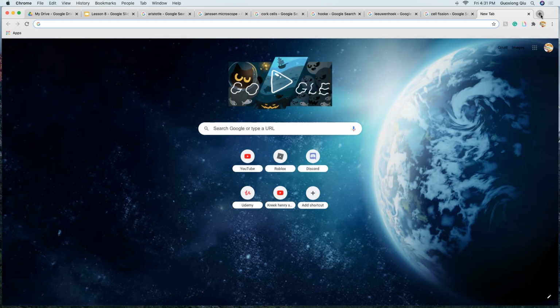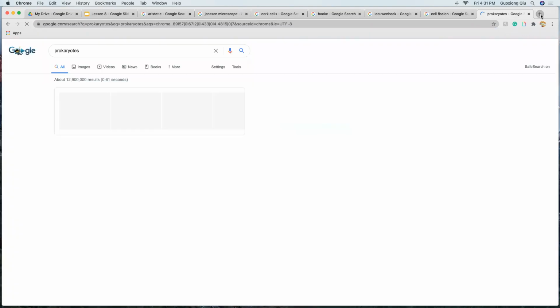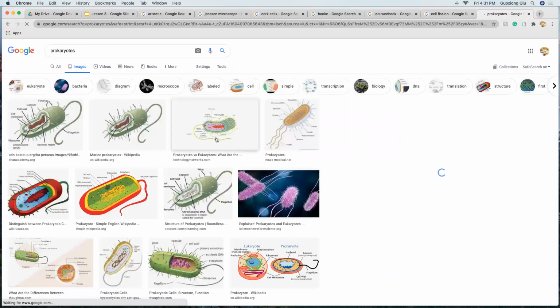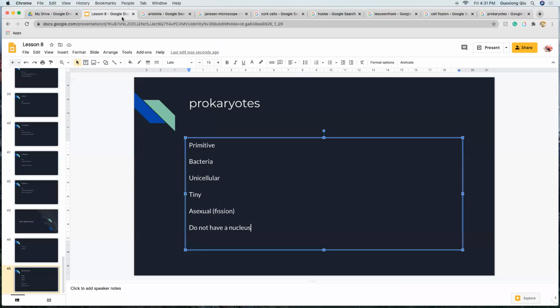But in prokaryotes, since they do not have a nucleus, they instead have something called a nucleoid region. And this is all their DNA and RNA. It's just kind of scattered around inside the cell.